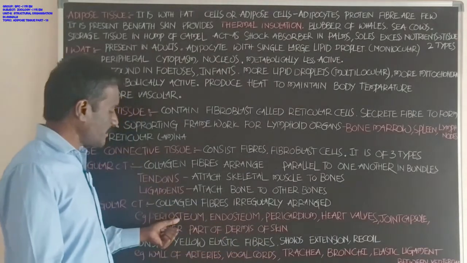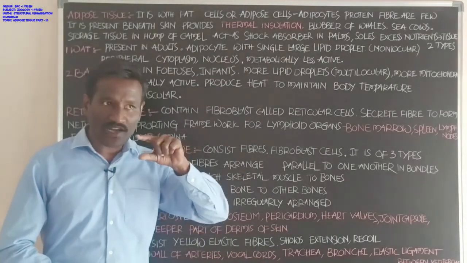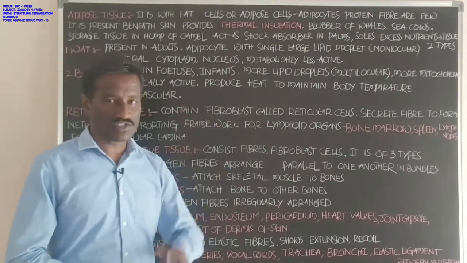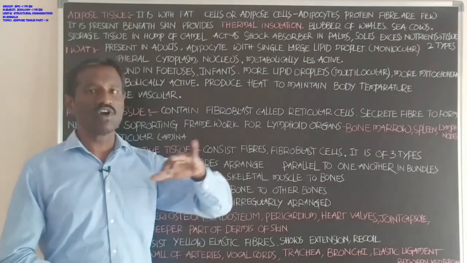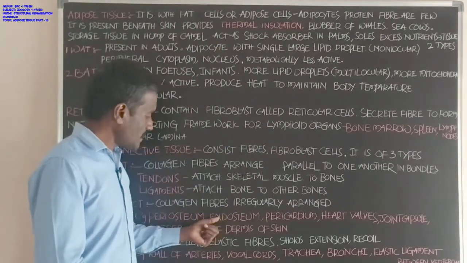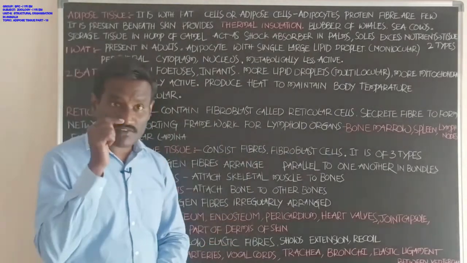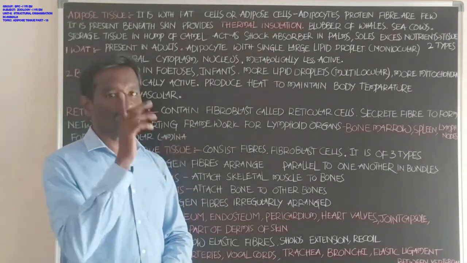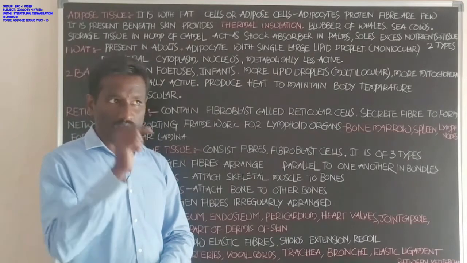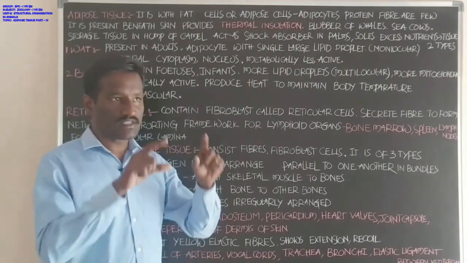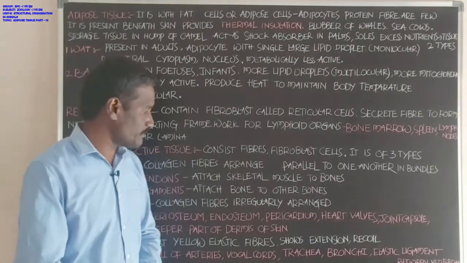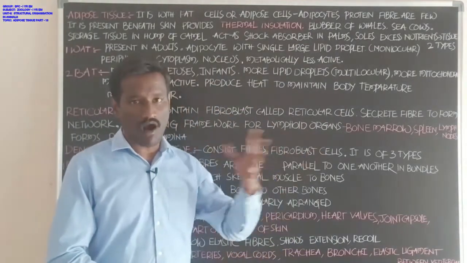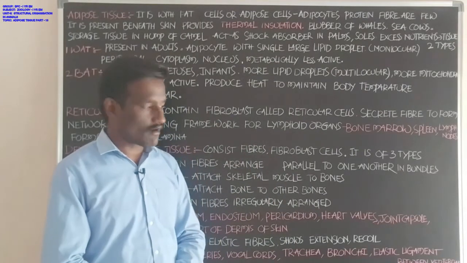Students, what is the meaning of periosteum? The outer layer of the long bone, the strong bone, is covered with the periosteum. Next, endosteum: the inner surface of the long bone is covered with the endosteum. Next, pericardium: the outer layer of the heart is surrounded by the pericardium.